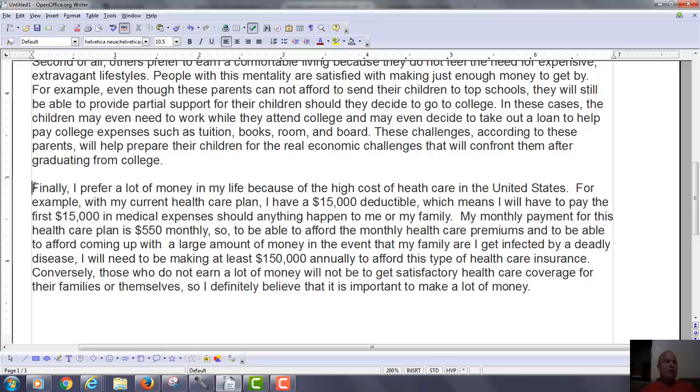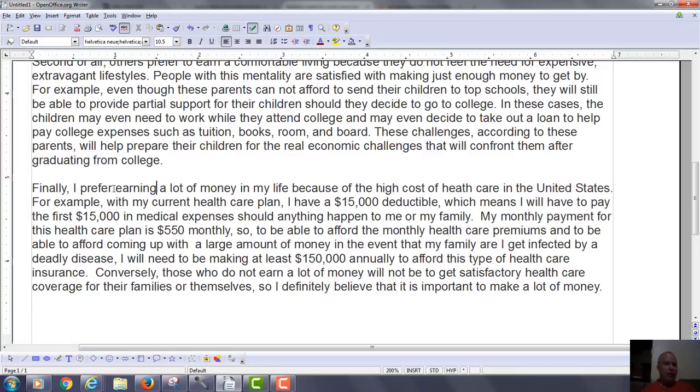Notice how I tried to be specific. So it says, finally, I prefer a lot of money. I prefer maybe, how about earning a lot of money in my life because of the high cost of healthcare in the United States. For example, with my current healthcare plan, I have a $15,000 deductible, which means I have to pay the first $15,000 in medical expenses should anything happen to me or my family.